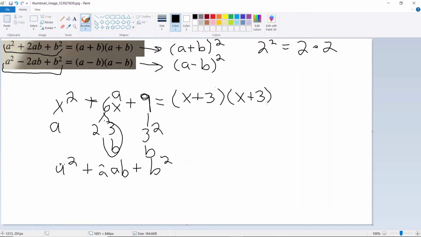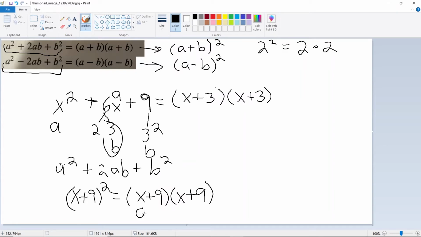You go the other way, too. What if you needed to find out what x plus 9 squared is? Well, look at our pattern. That's x plus 9 times x plus 9.